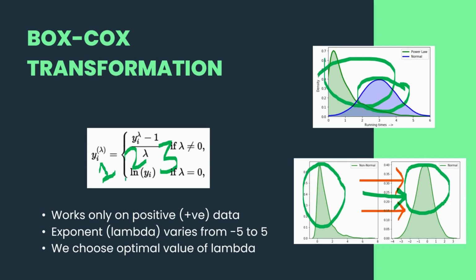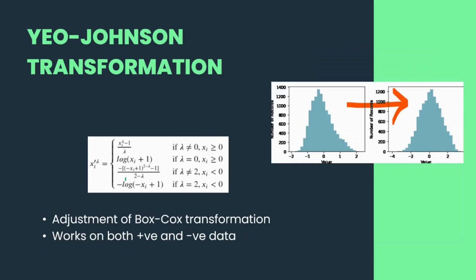If you have negative data also, then here is Yeo-Johnson. It is the updated, or specialized, version of Box-Cox, which can be applied on both negative and positive data.